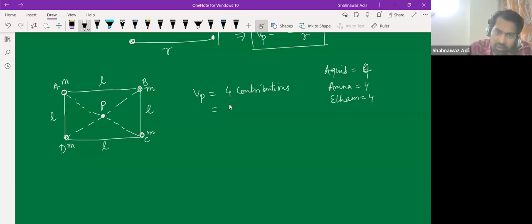And all those contributions would be VA plus VB plus VC plus VD, because potential is a scalar quantity, so we can add algebraically.